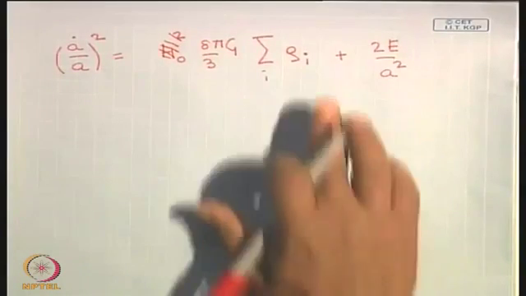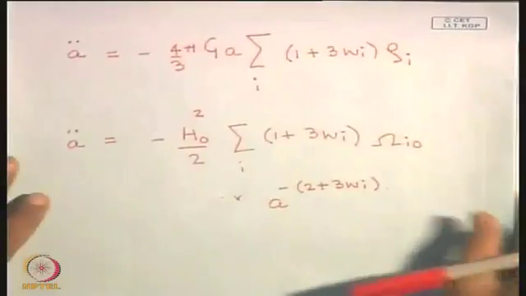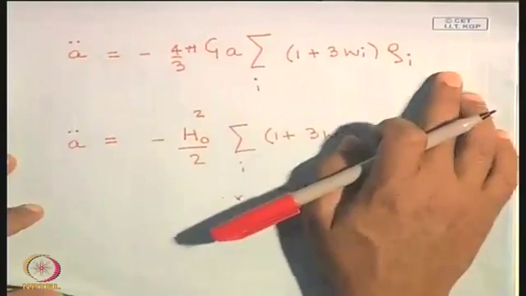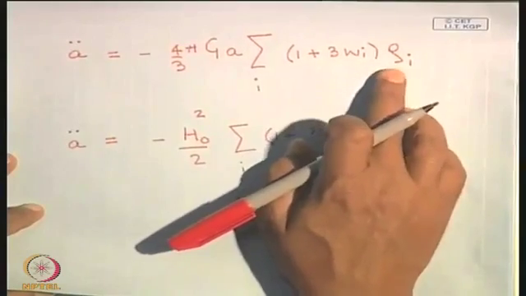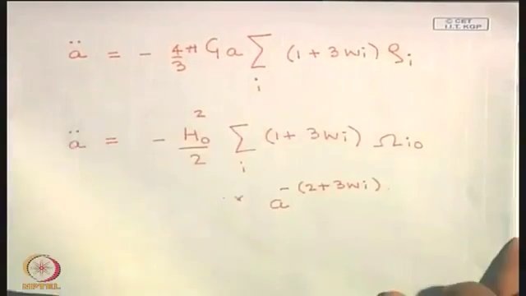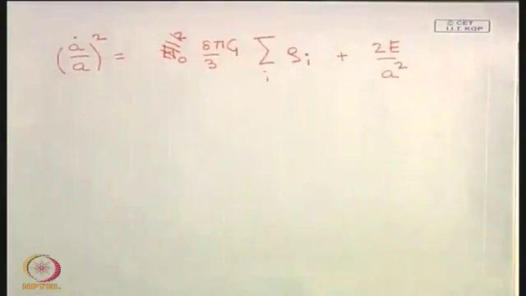Okay, so this is the first integral of this equation, multiplied with a dot. Use the fact that we know the time dependence of rho for each component, and you can integrate this equation once; you will be led to this.